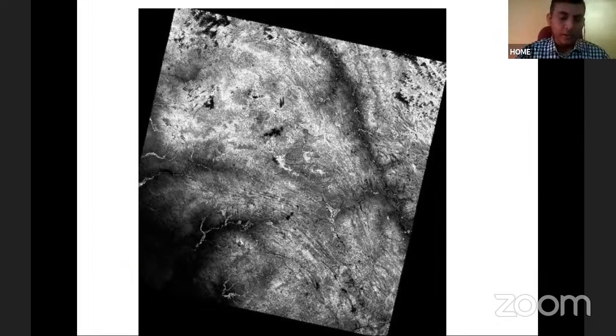Now, these pixel values are converted to reflectance values. This all happens in the background in the software. These pixel values are converted using arithmetic equations into reflectance values. What you see in this black and white image is an output of those reflectance values.